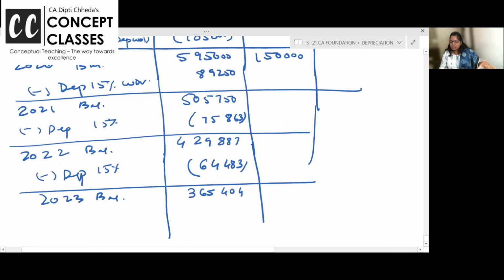Let's come to machine 2 like this. Charge 150 into 15%: 22,500. So 1,27,500 into 15%: 19,125. 1,08,375 into 15%: 16,256.